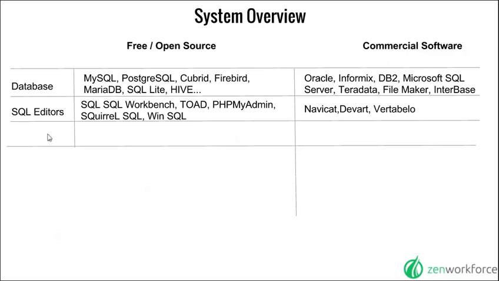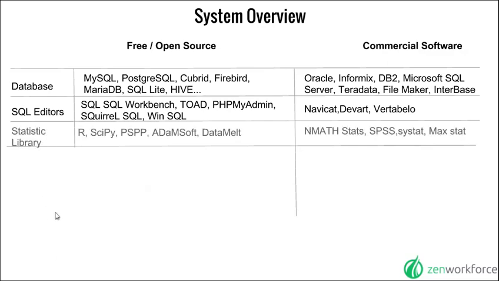But when you have all this data, you have to do something with it to achieve our goals. We have to do statistical analysis on this data, so we have to think about what statistical libraries we can use. On the free and open source side, you have the most popular one, which is R. There are many other products that are either libraries or standalone statistical products, and they come in both free, open source, and commercial flavors.